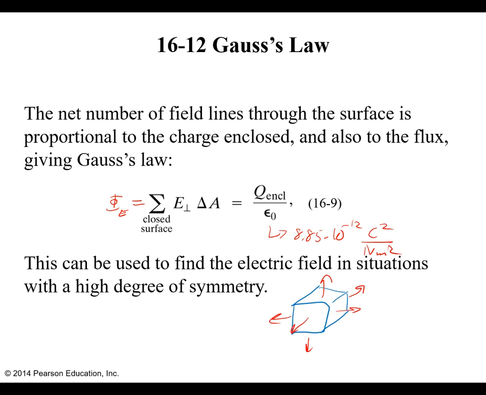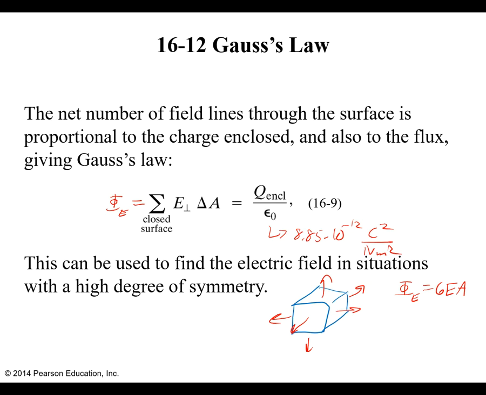Well, we found that the total electric flux was equal to 6 times EA, where E is the strength of the electric field passing through each surface, and A is the size of each side, the surface area of each side. Well, that tells us, first of all, that those electric field lines had to come from somewhere.